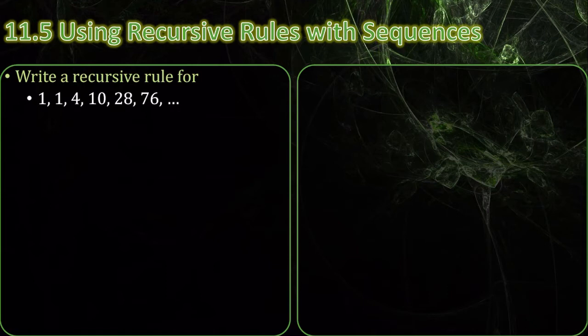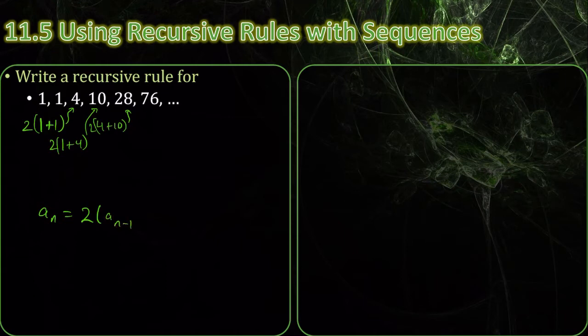I see a pattern. If I go 1 plus 1, and I times that by 2, it gives me 4. If I go 1 plus 4 times 2, it gives me the 10. If I go 4 plus 10 times 2, it gives me the 28. So this appears to be 2 times the two numbers before.